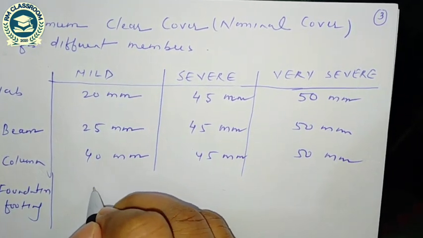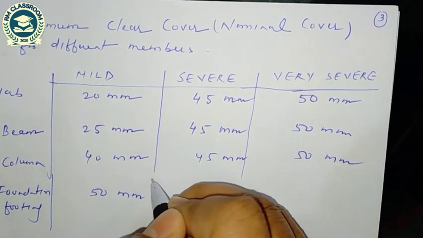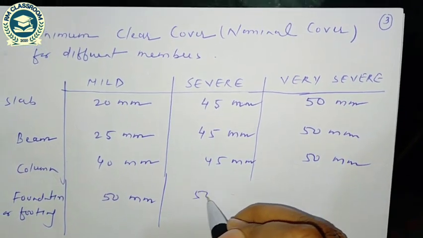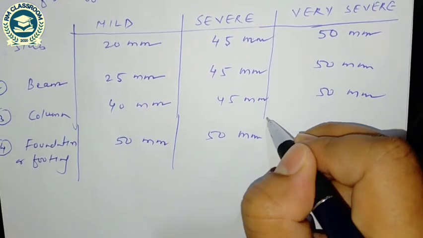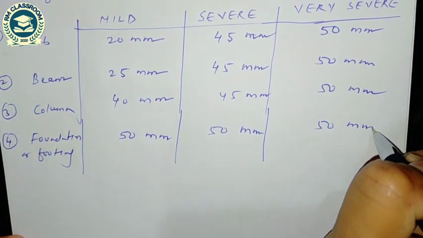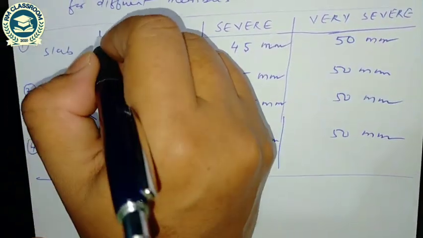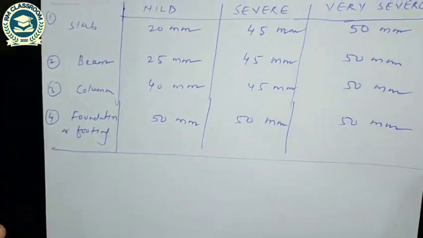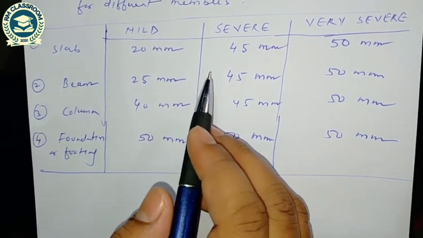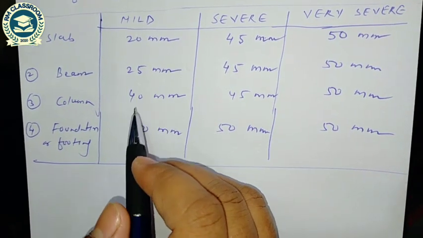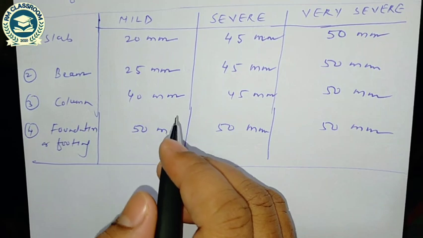In case of footing the minimum cover for mild exposure condition is 50 mm, 50 mm and 50 mm. So these are the codal provisions for different members like slab, beam, column and footing, how much minimum nominal cover we have to take.